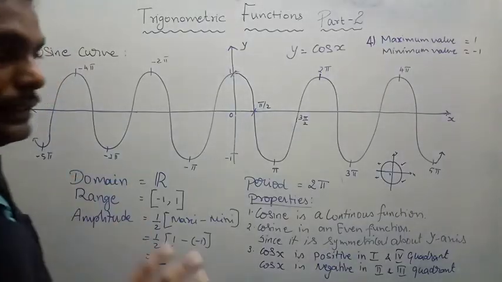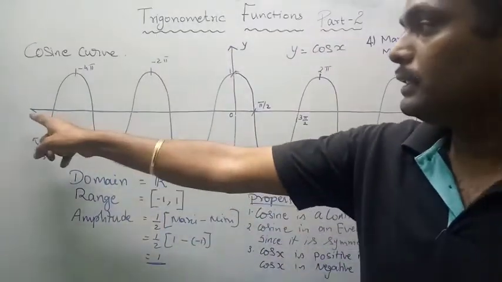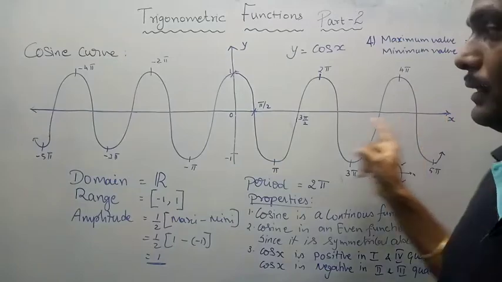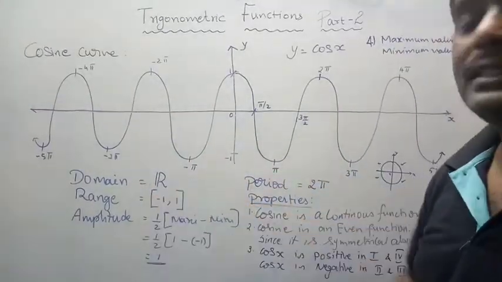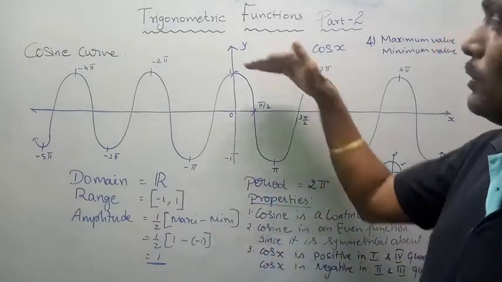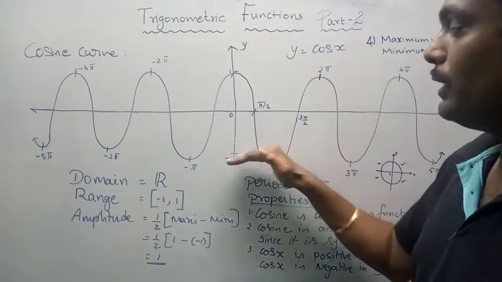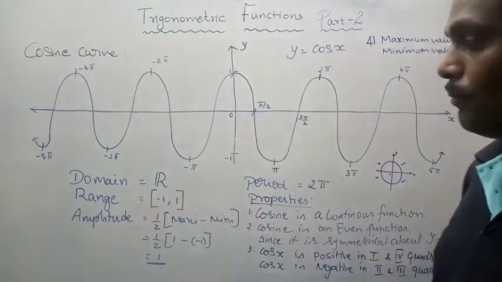Is it clear? In this case, the domain is the set of all real numbers. See the domain, x is the domain. Throughout the x-axis it travels. So therefore the domain is R, the set of all real numbers. Range, the output is maximum plus 1 and minimum minus 1. So between minus 1 and plus 1, the range is minus 1 to plus 1.